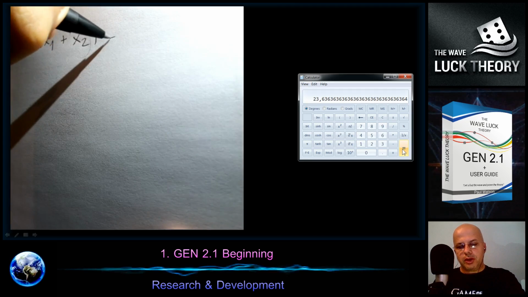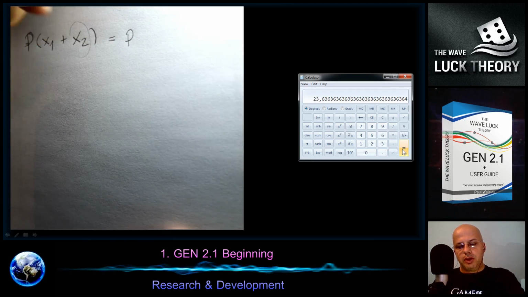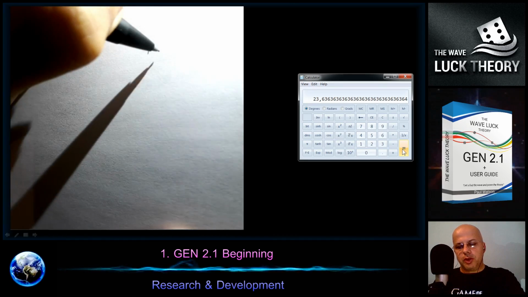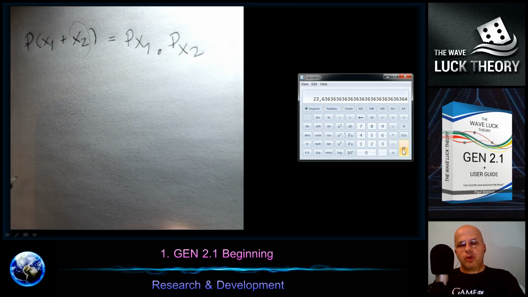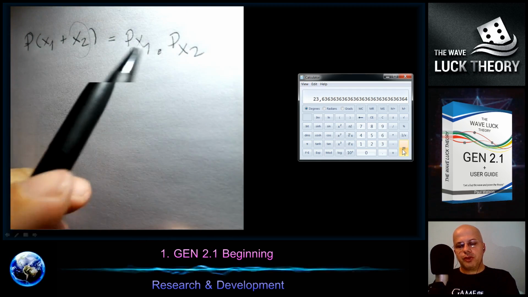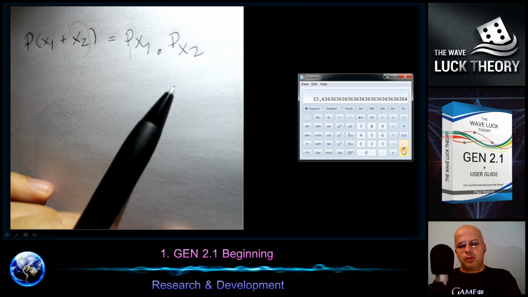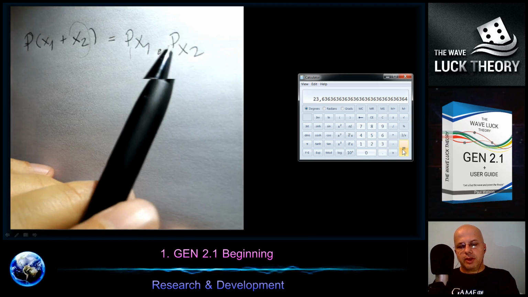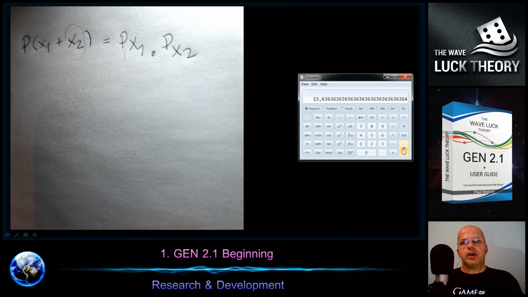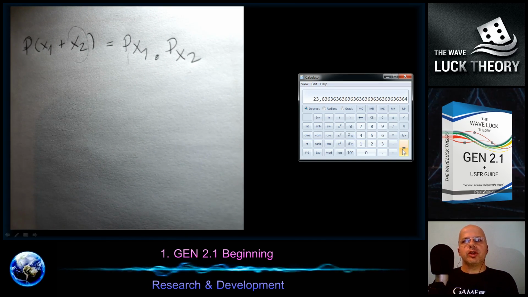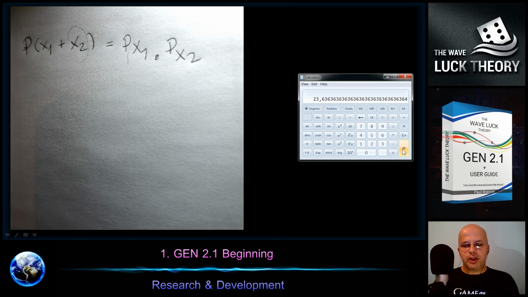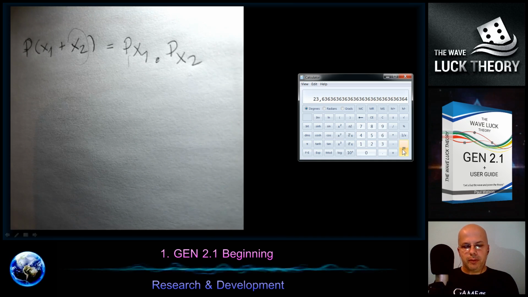So we can write it like px1 times px2. Actually, the right formula is that these two probabilities of these two events are multiplied together, and the probability actually is lowered. That's why the lottery companies are using many lotteries with 2 drawing machines, only to reduce the probability so that you have a lower chance to win the lottery.